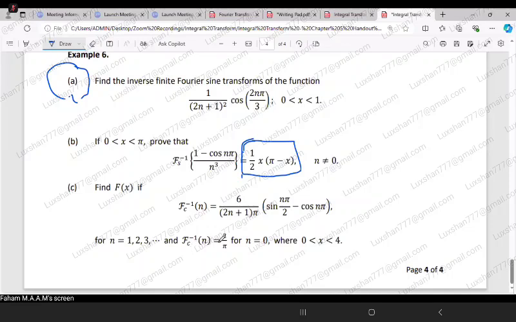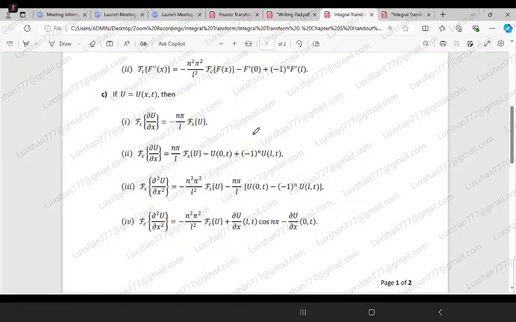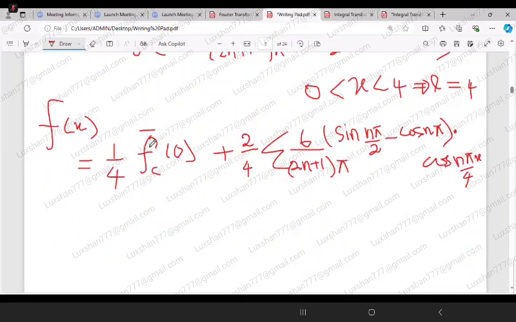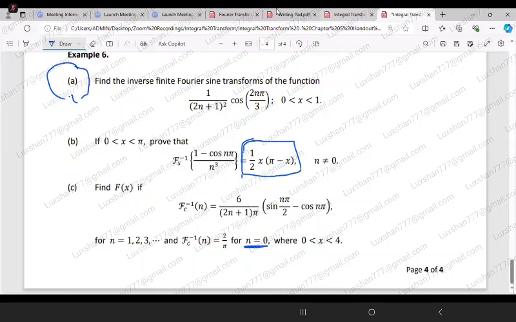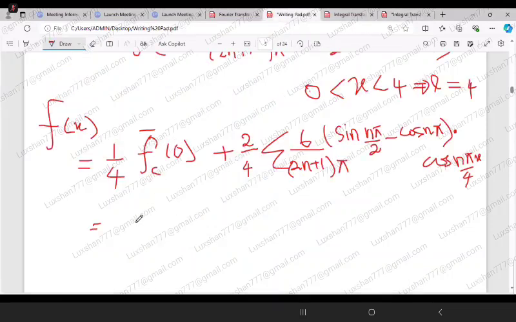Okay, so here we are given that F c n equals 2 pi by 2 when n equals 0. So we can substitute that value here. What is that number? 2 over pi, sorry, 2 over pi.